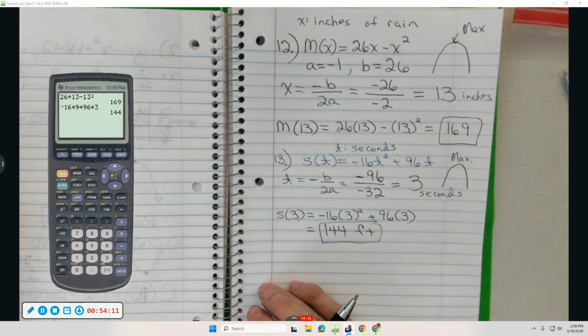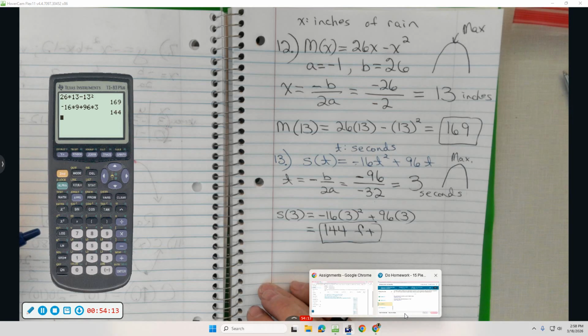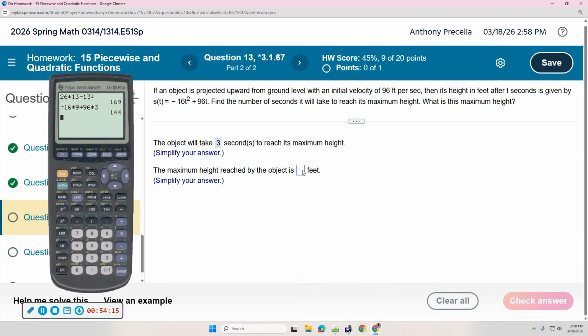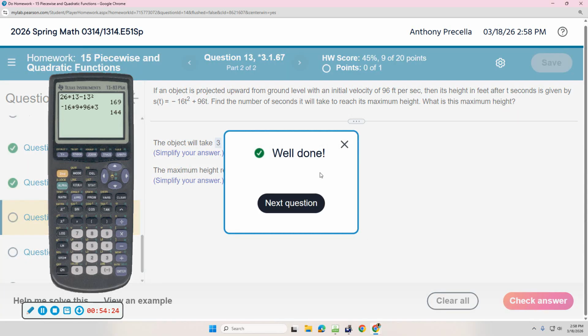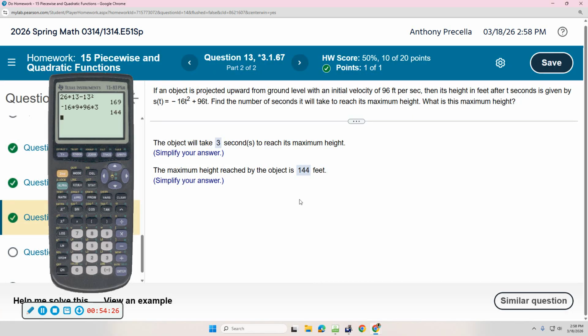So 144 feet. Any future physicists are going to recognize that negative 16 t squared is a result of the acceleration due to gravity. If we didn't have gravity, look back at that function. 96, that's the velocity, the rate at which the projectile is being thrown up into the air.